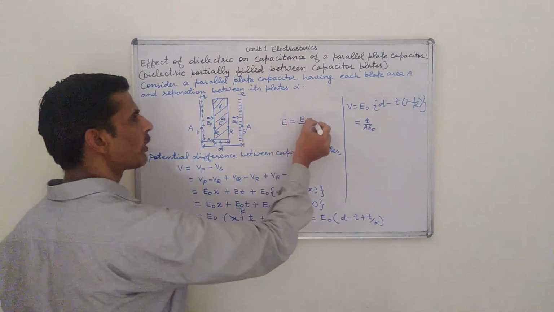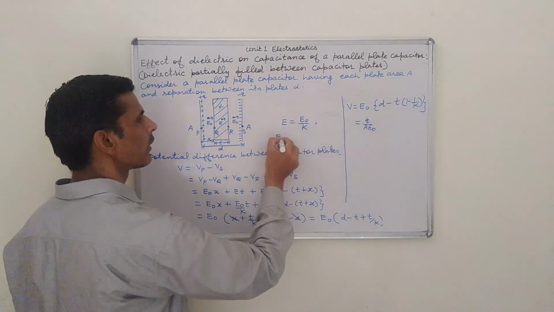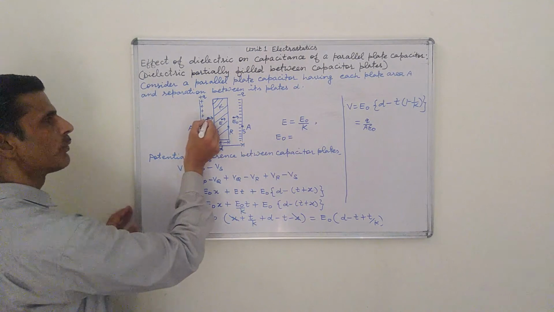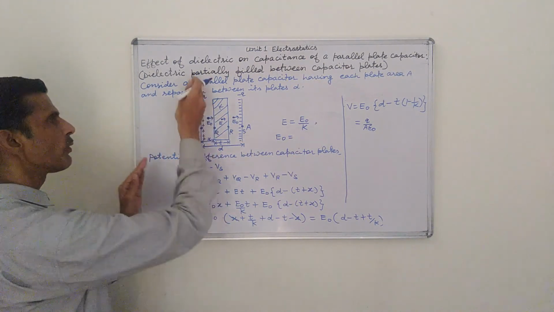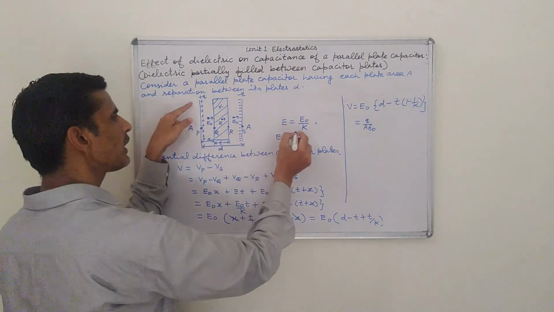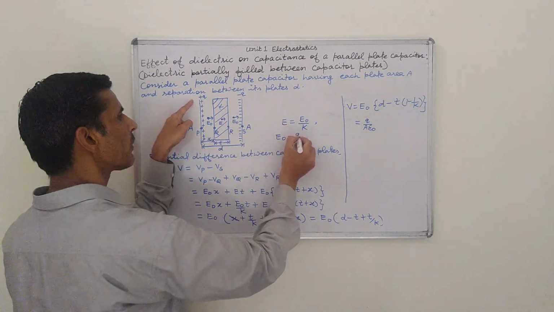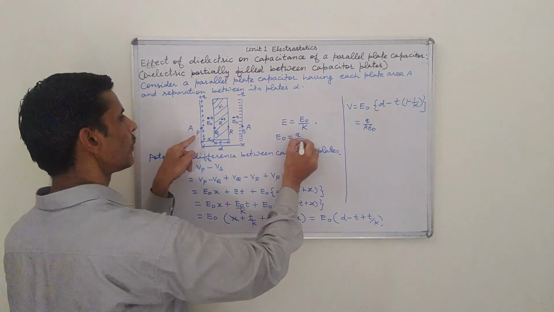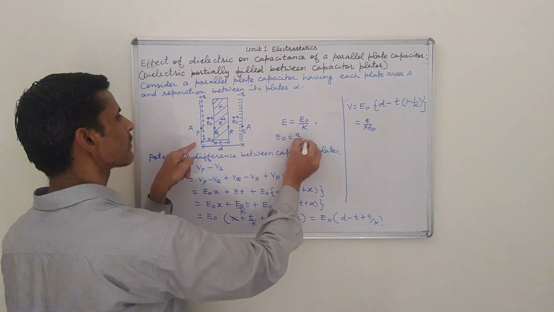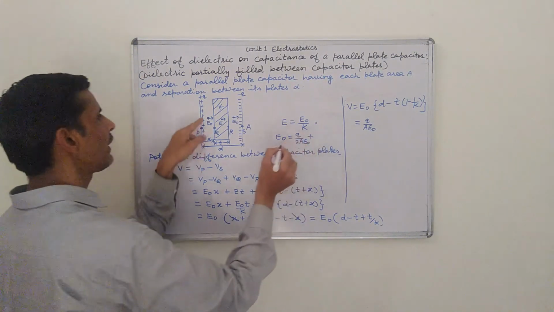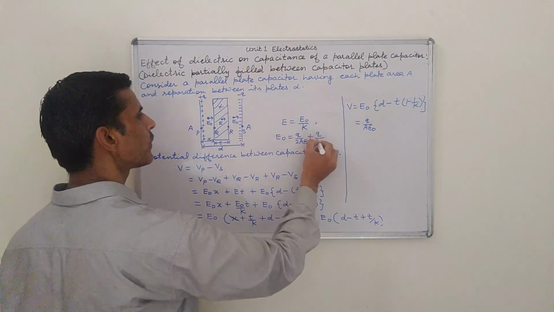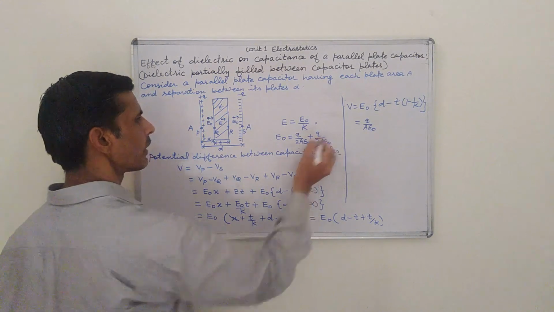Here E naught is the electric field at this point in vacuum. The electric field due to the positive plate is Q upon 2 A epsilon naught, plus the electric field due to the negative plate, Q upon 2 A epsilon naught.